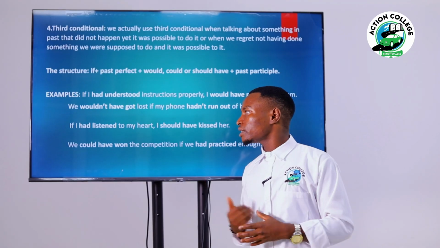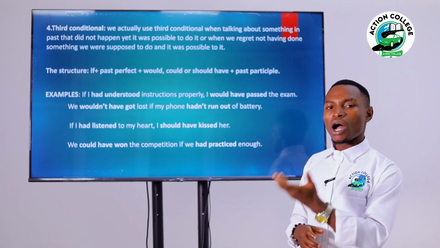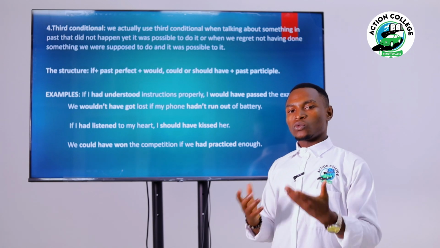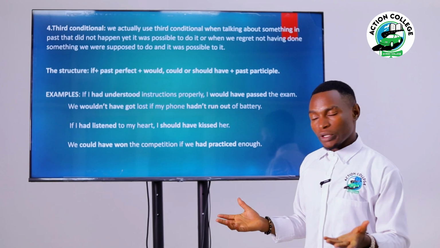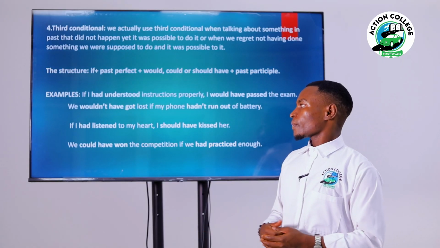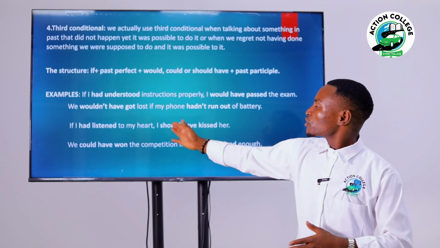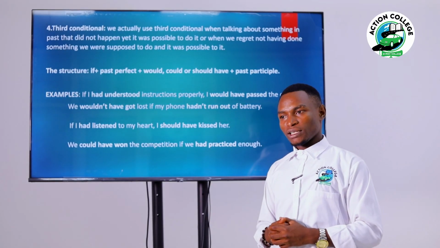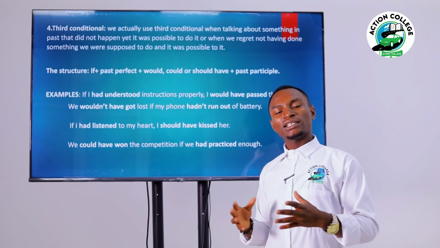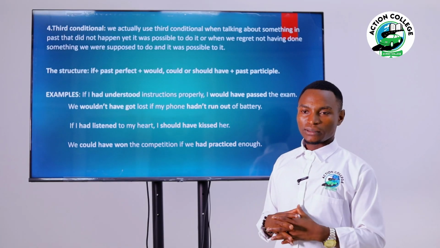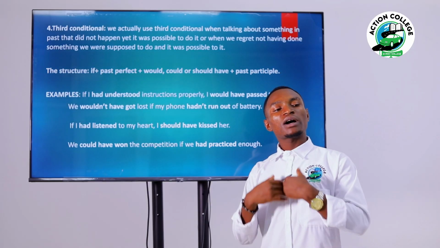It means here, we also regret that our phone ran out of battery, so we got lost. If I had listened to my heart, I should have kissed her. This means I'm regretting. Actually, I could not kiss her because I couldn't listen to my heart.